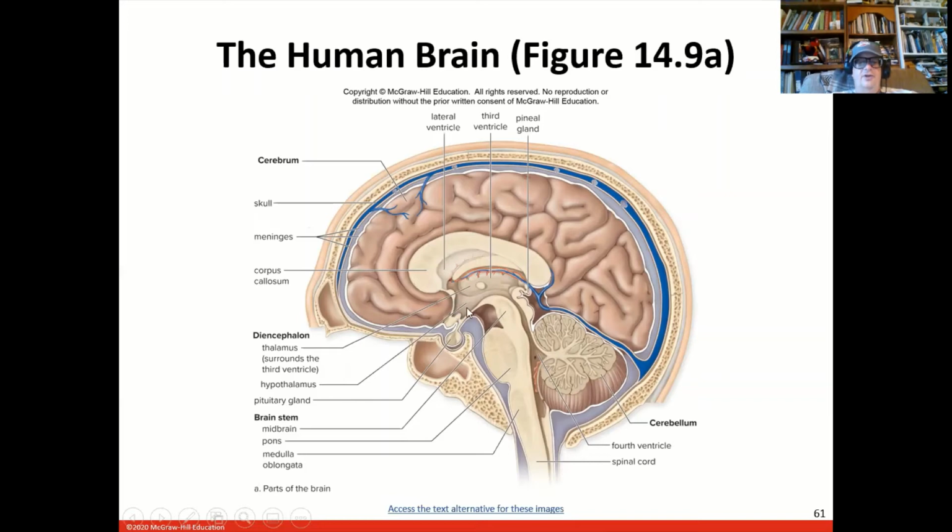Think this is the bird's head and beak, and then it has the comb on its head right there. So we've got our chicken with the comb on top. That's the corpus callosum. Those are tracts that connect the left hemisphere and the right hemisphere and let them talk to each other.